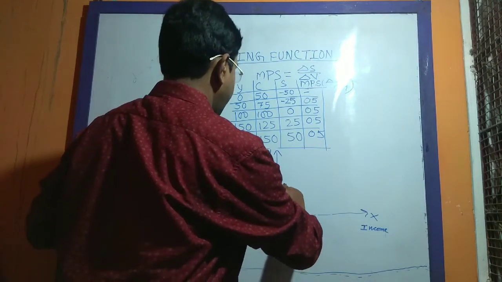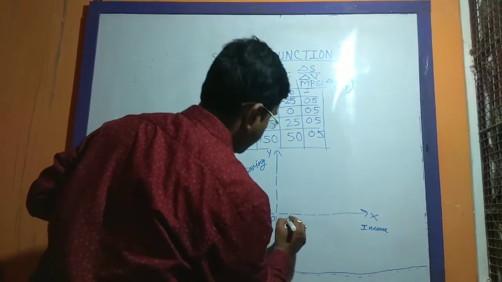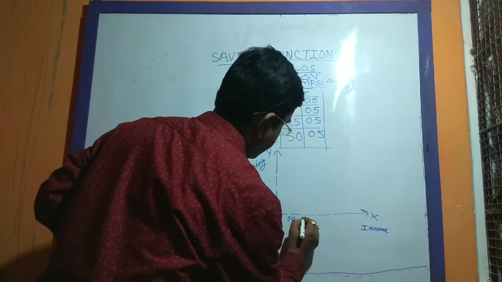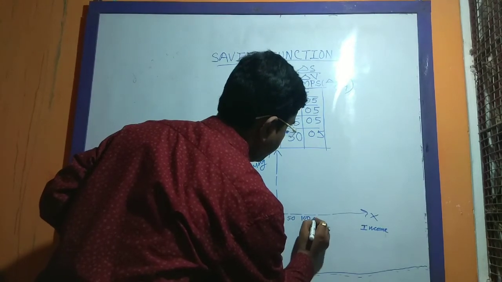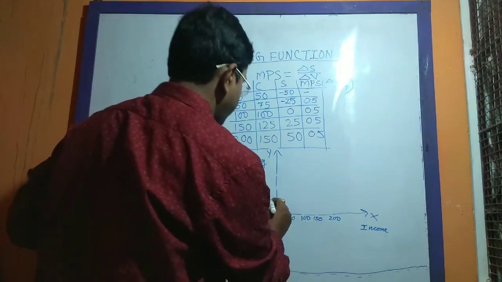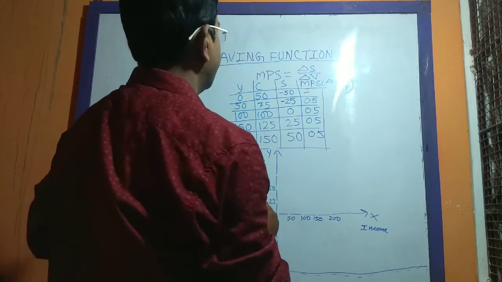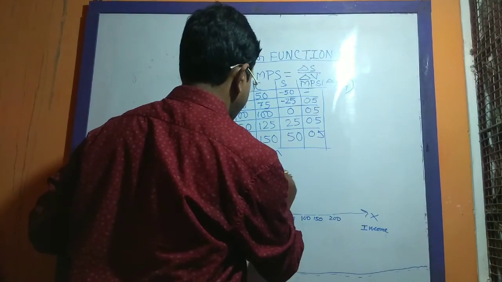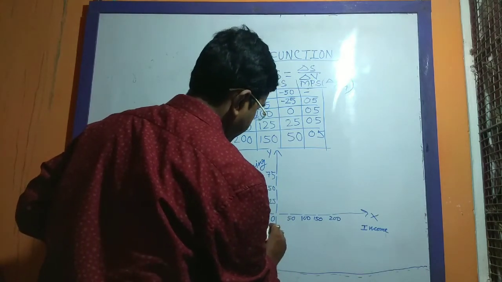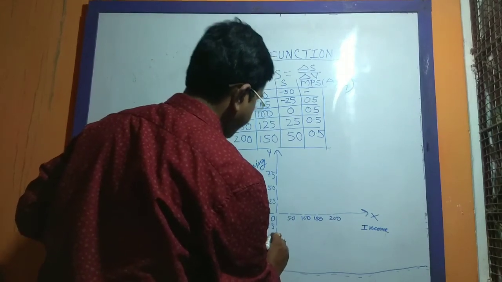Saving: 25, 50, 75 above the axis, and minus 25, minus 50 in the fourth quadrant.